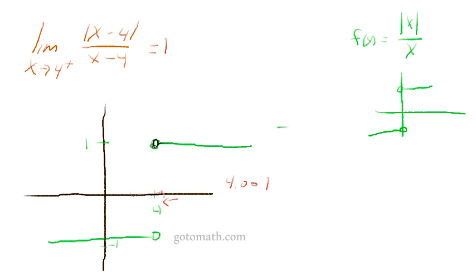One other thing, since this is a section on continuity, we can see here that this function is not continuous when x is equal to 4. This is something a little extra here. c in this particular case would be 4, and f of c does not exist, first off.